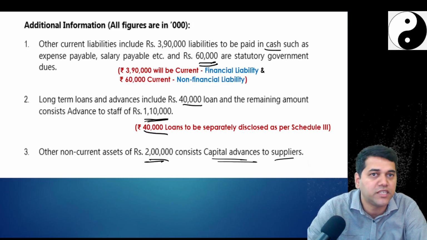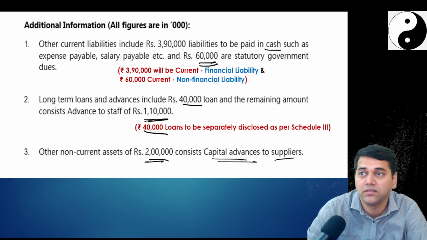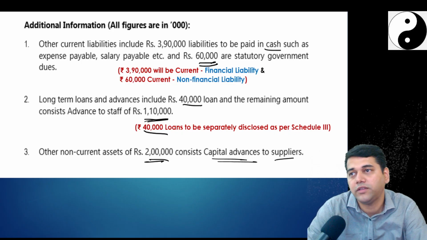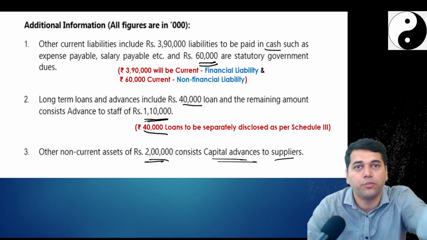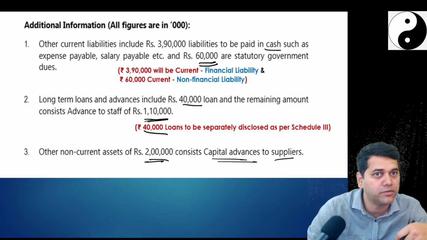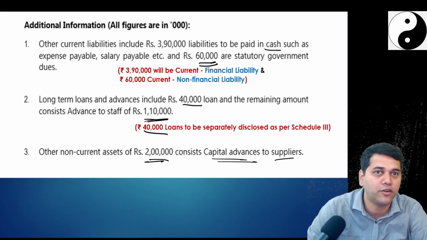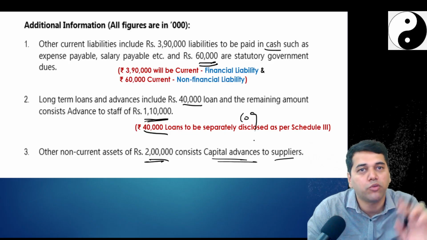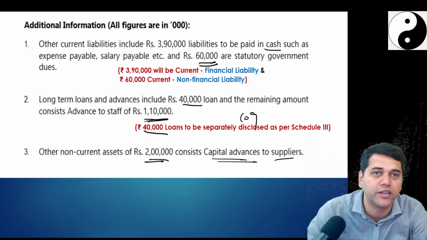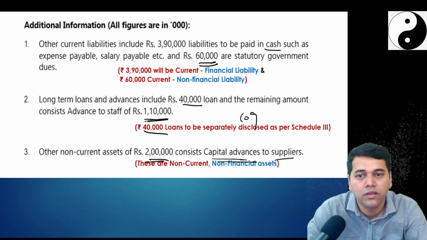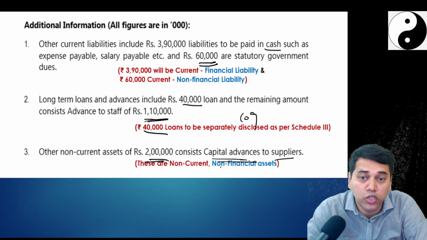Financial asset, because otherwise I have to pay the cash, right? Are they not going to refund this back to me? Principal, have you not done in Ind AS 109, loan given to the employees at a zero rate of interest or concessional rate of interest? So it's a financial asset for me. Followed, no? So these are non-current, non-financial assets.